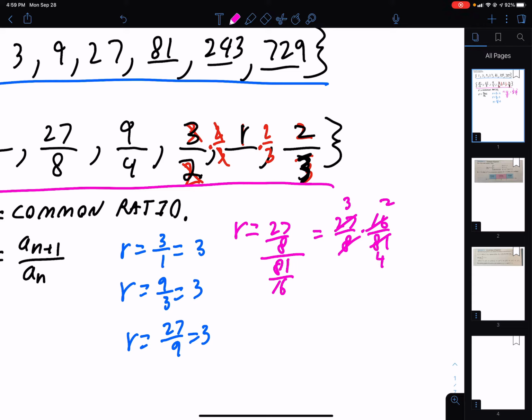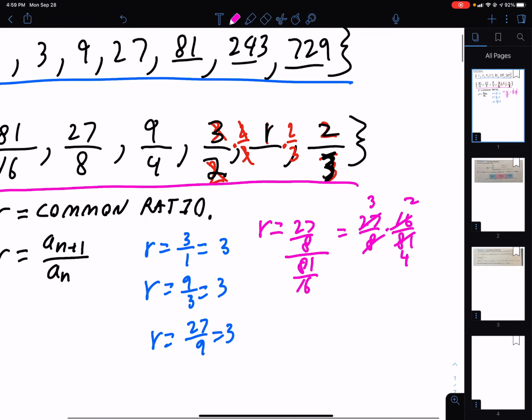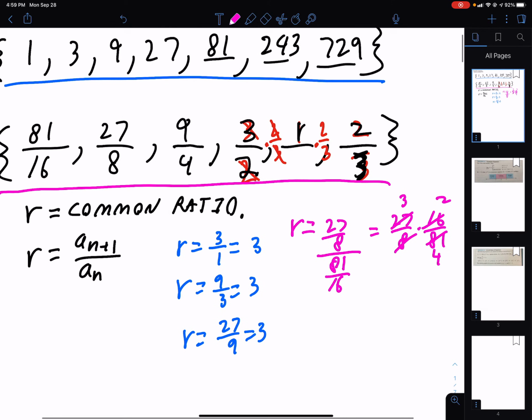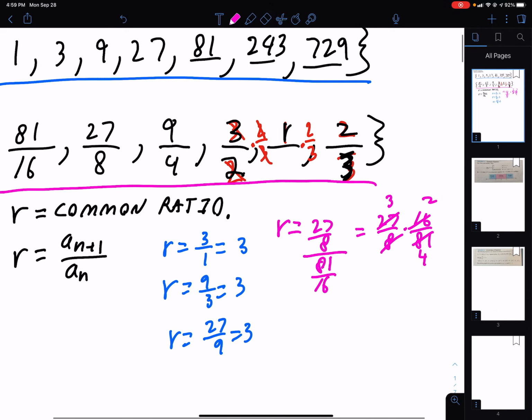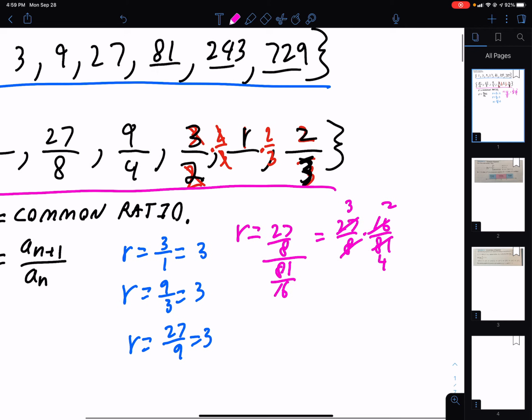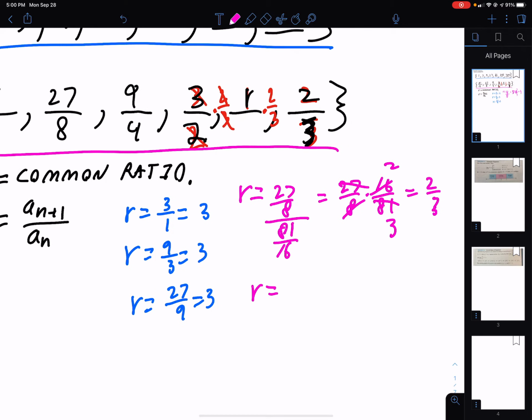Okay, we got 2. 27 goes into 81 3 times, and you get 2/3.